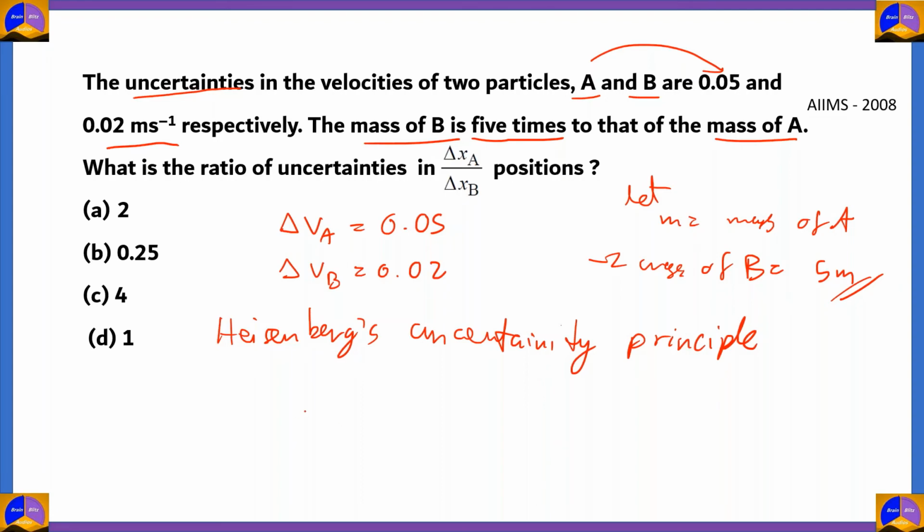And this is represented in a formula: delta x into m delta v is greater than or equal to h by 4 pi. Over here, for our question, we will assume the condition that delta x into m delta v is equal to h by 4 pi. So therefore, we can calculate the position uncertainty delta x as h divided by 4 pi m delta v.